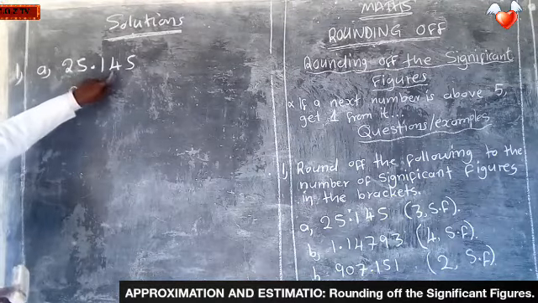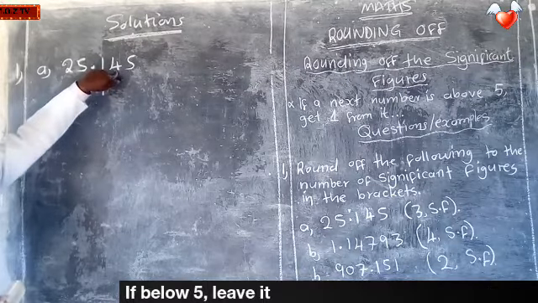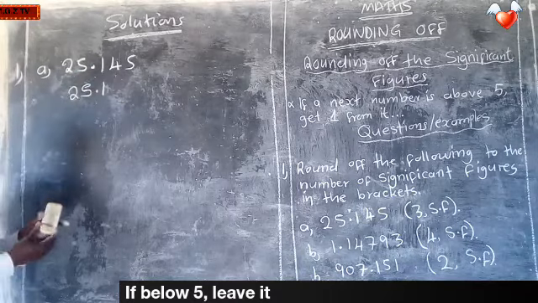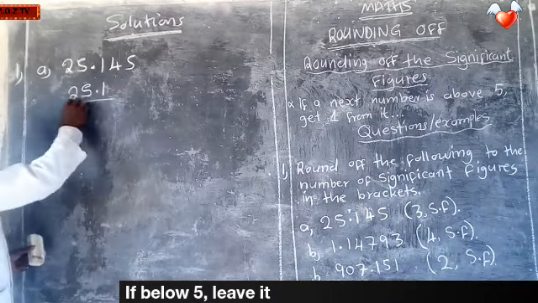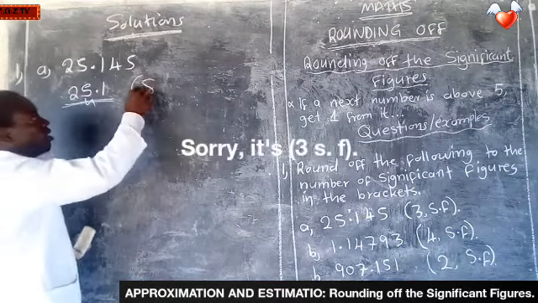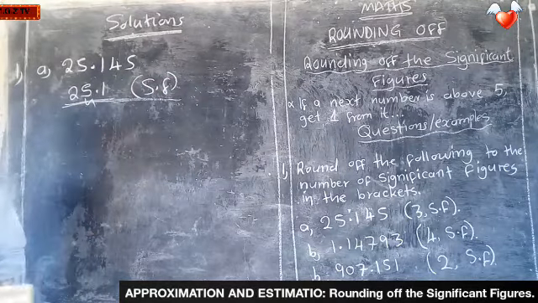Then after that, I just have to check the next number. Is the number above 5 or below 5? If the number is below 5, this will be my answer, 25.1 in brackets, 3 S.F.